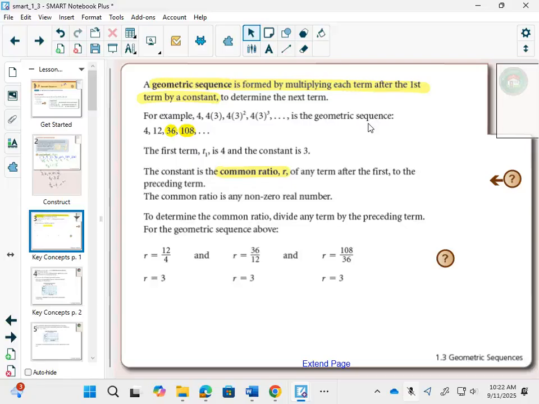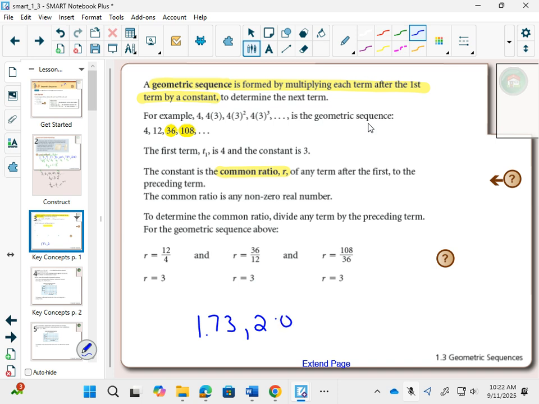But sometimes you can't. Like if I did decimals, I'll pick something random: term 1 is 1.73, term 2 is 2.0933, and term 3 is 2.532893.